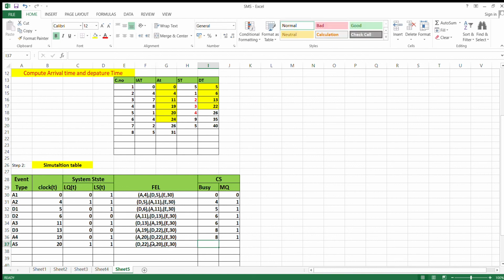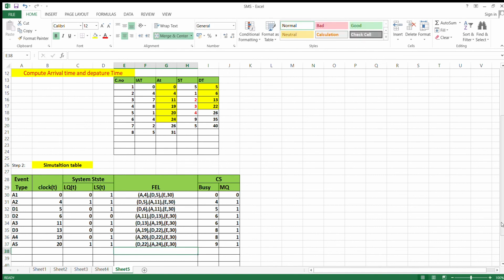So find out busy time: current arrival minus previous arrival, 20 minus 19, 1, plus 8, 9. So maximum queue is 1. So the next minimum is 24. Okay. So the next minimum is 22.